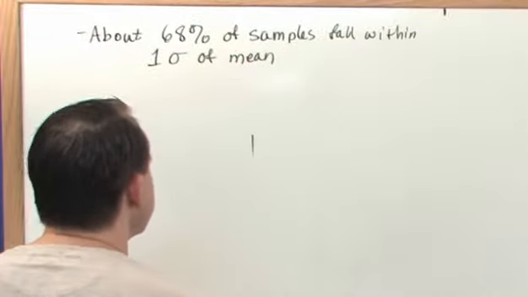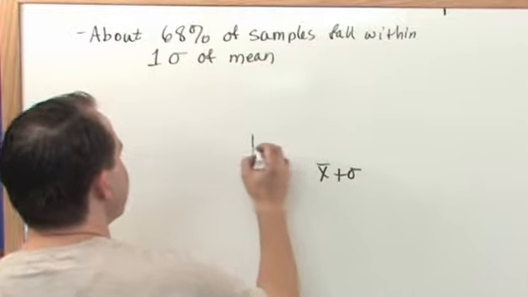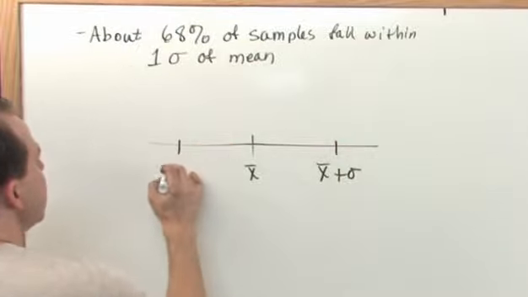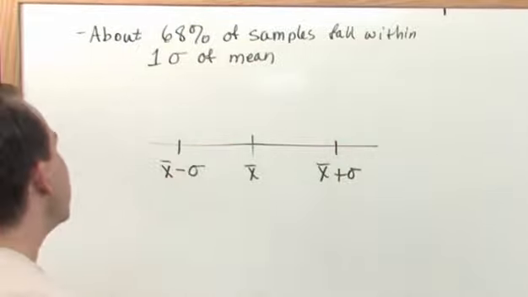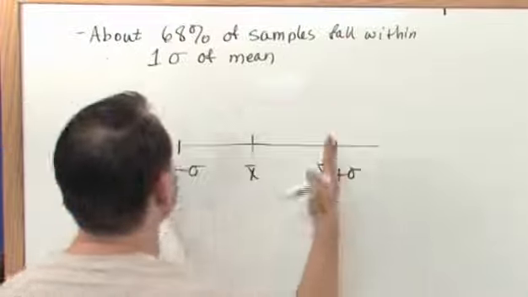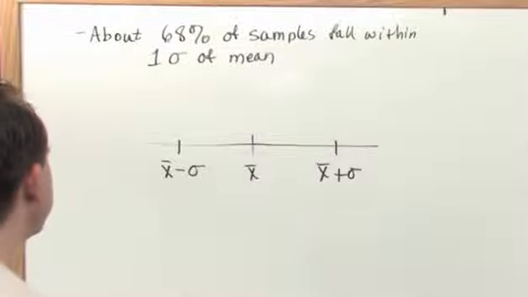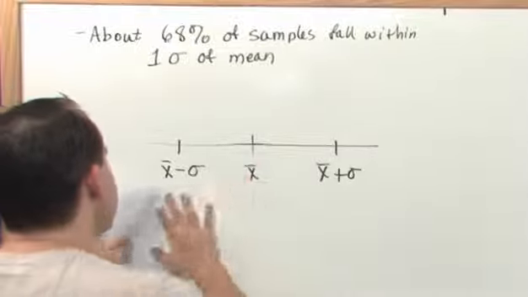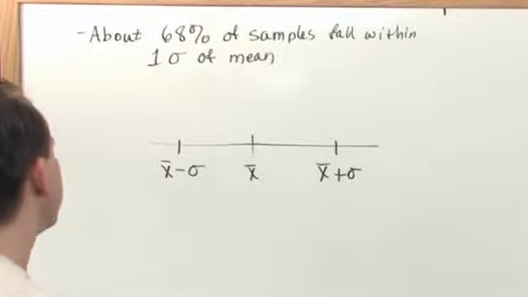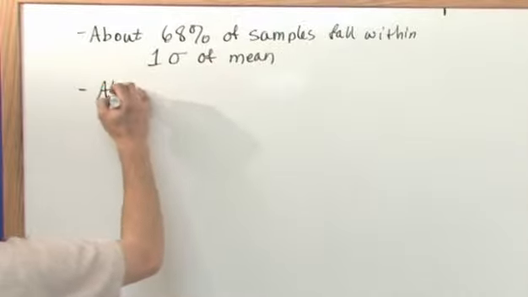That means if this is my mean, and this is my mean plus 1 standard deviation over here, and this is my mean minus 1 standard deviation over here, and I have a collection of data and I calculate the standard deviation, 68% of the values are going to fall within this. It's basically telling you how spread apart or how squished together your data is. So about 68% of the samples are going to fall within 1 sigma of the mean. I'm trying to give you some stuff to seize upon so you know what this really means, okay?